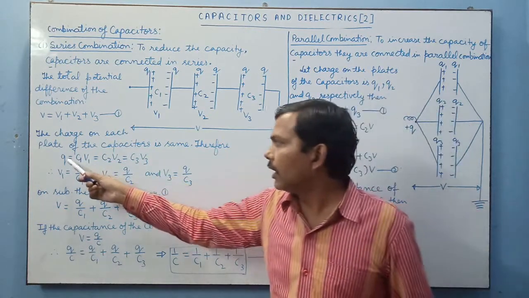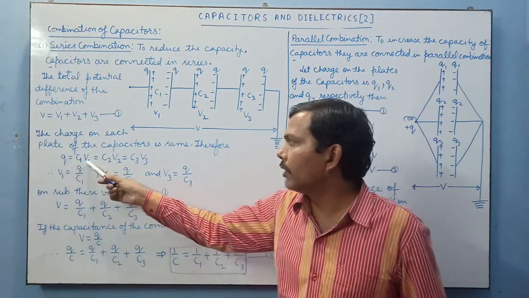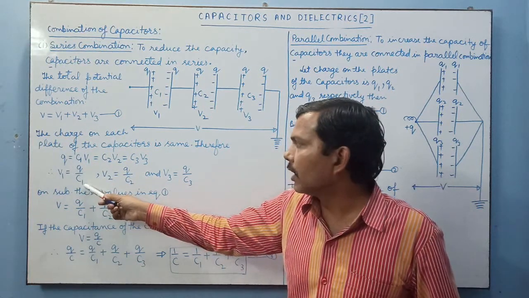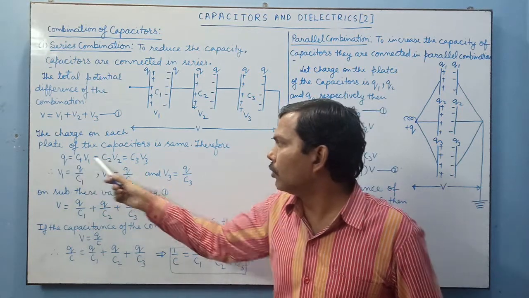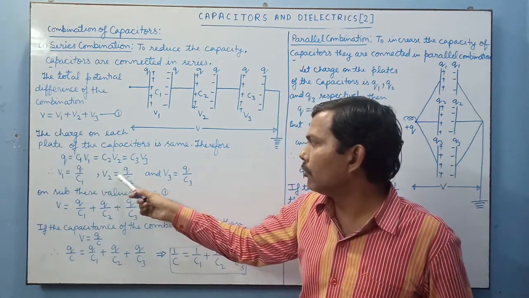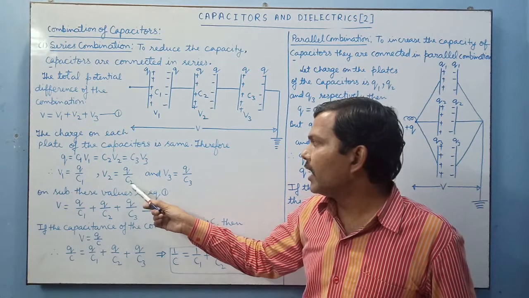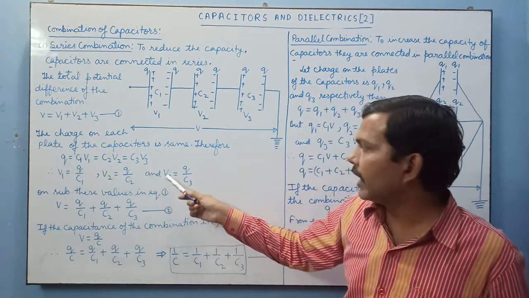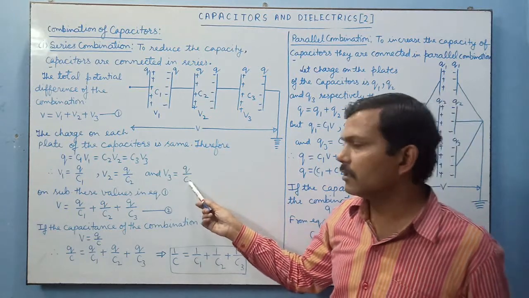From here, if we take Q is equal to C1 V1, we get V1 is equal to Q by C1. If we take Q is equal to C2 V2, we get V2 is equal to Q by C2. And if we take Q is equal to C3 V3, then we get V3 is equal to Q by C3.